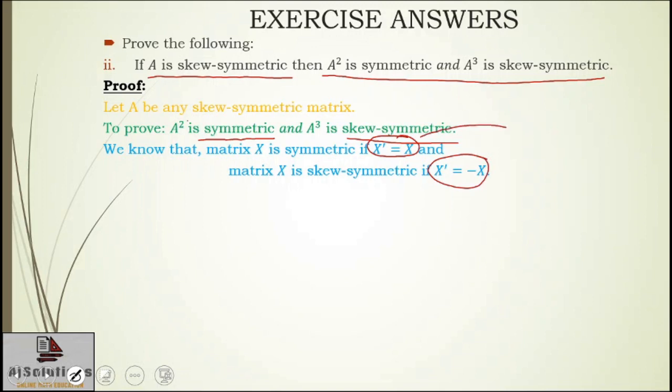In condition number 1, you are going to put A square in place of X, and in condition number 2, you are going to put A cube in place of X, and that will give you your step 4, that is to prove transpose of A square is equal to A square, and this will prove your A square is symmetric, and transpose of A cube is equal to minus of A cube, this will prove your A cube is skew symmetric. So we are going to prove these one by one.